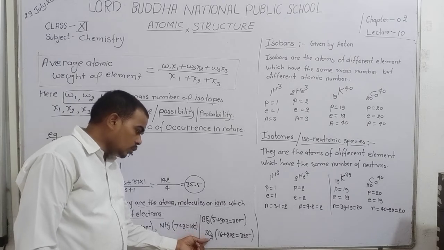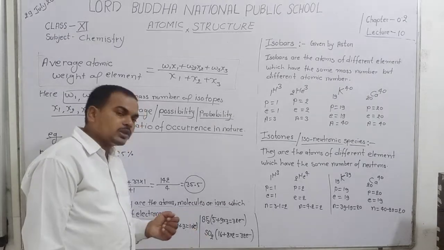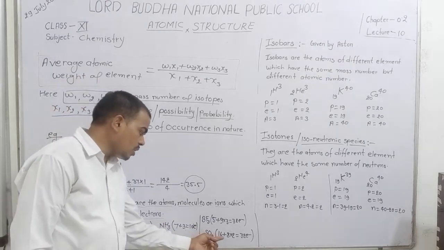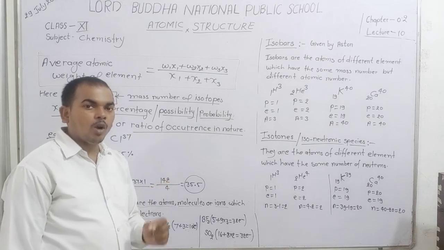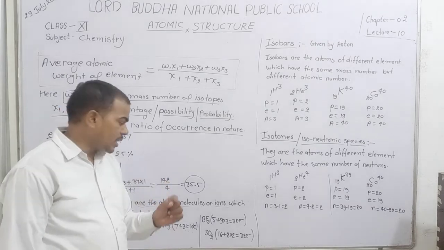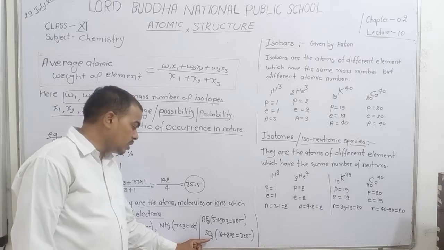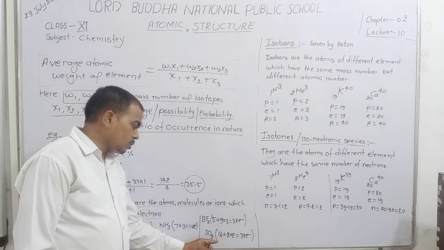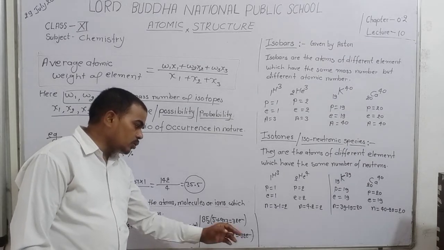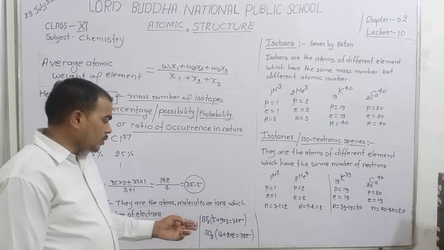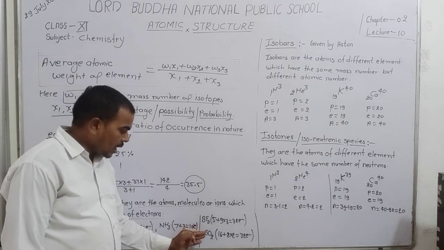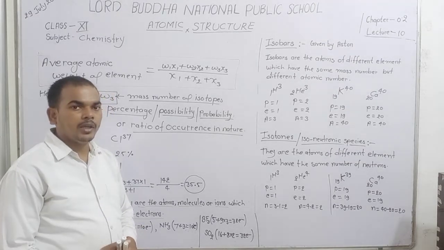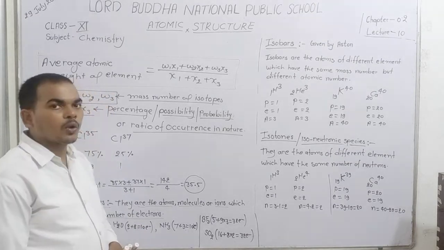Again, in SO2, the atomic number of sulfur is 16, so sulfur has 16 electrons, and the atomic number of oxygen is 8, but here there are 2 oxygens, so 8 into 2. After calculation we obtain 32 electrons in SO2. We observe that BF3 and SO2 both contain 32 electrons, so they are known as isoelectronic species.